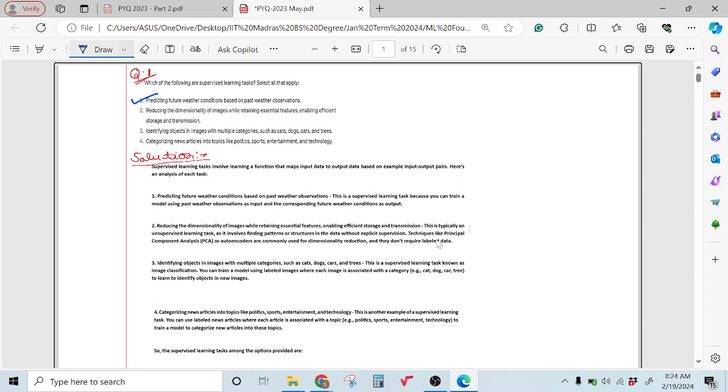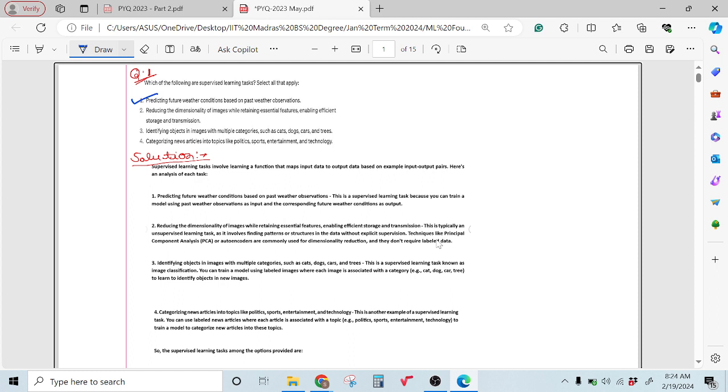Second is reducing the dimensionality of images while retaining essential features and enabling efficient storage and transmission. This is typically an unsupervised learning task, as it involves finding patterns or structures in the data without explicit supervision.